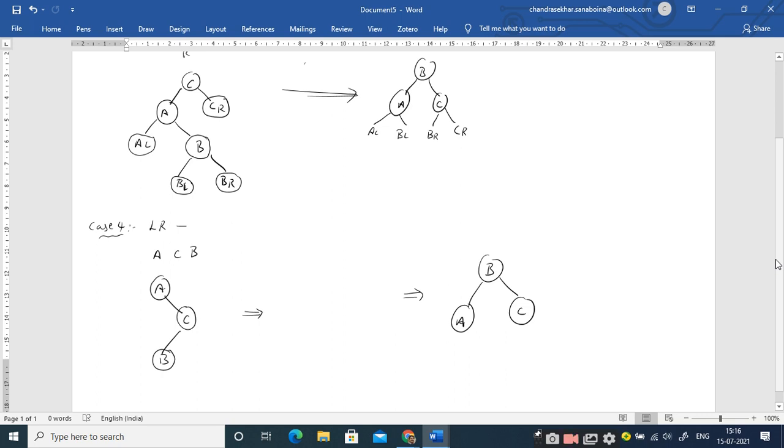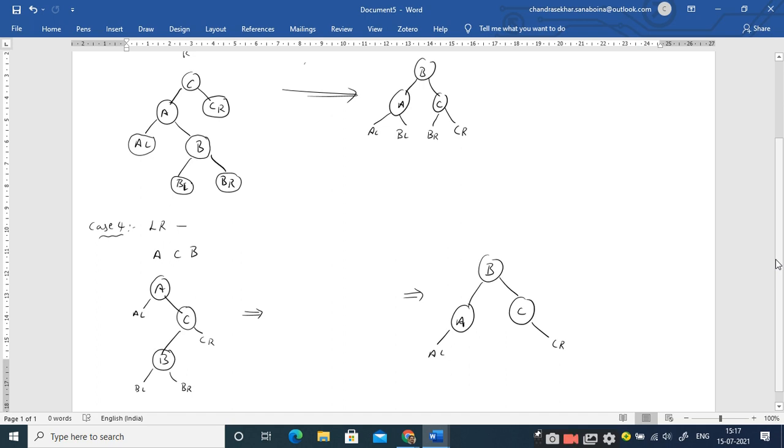Now this is a case where I have the left subtree of A, AL, and the right subtree of C represented as CR, and I have the left subtree BL and the right subtree BR of B. So what happens to AL? It remains as it is. What happens to CR? It remains as the right subtree of C only.